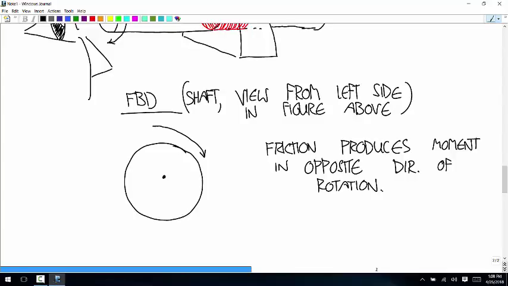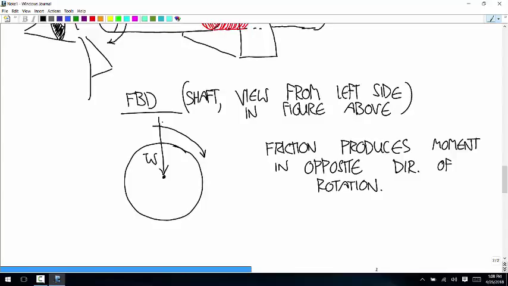How does that work? There is a downward force acting like this that's equal to the weight, whatever force is pushing the bearing and the axle together. If there was no friction, there would be an equal and opposite force pushing up straight on the bottom. And those would counteract each other. And you get equilibrium, and this thing would just spin at a constant angular velocity.